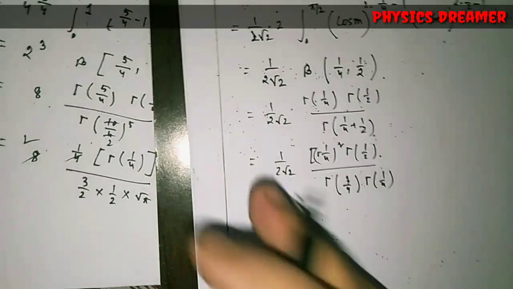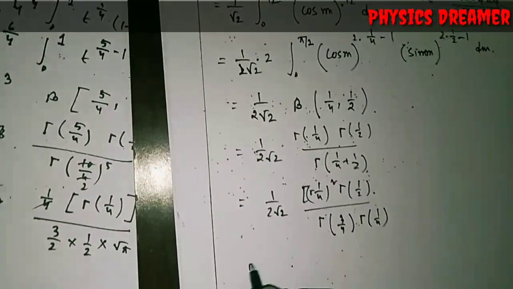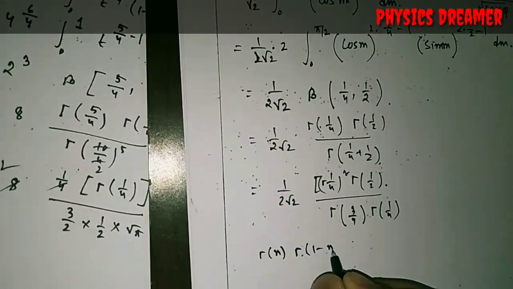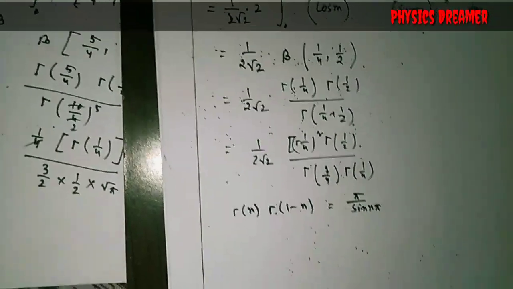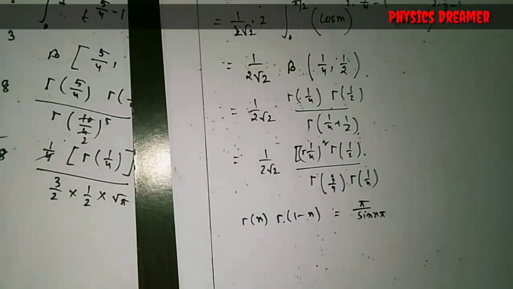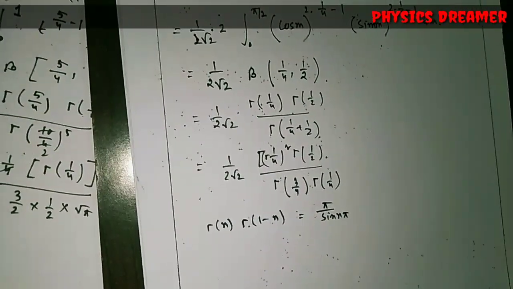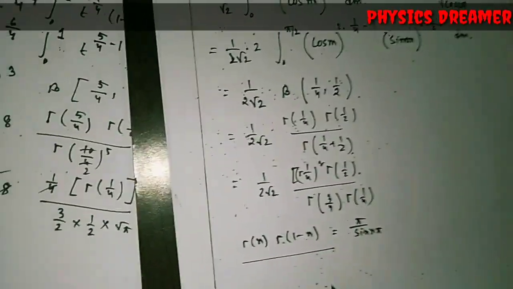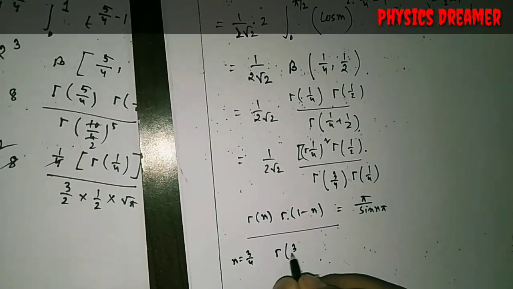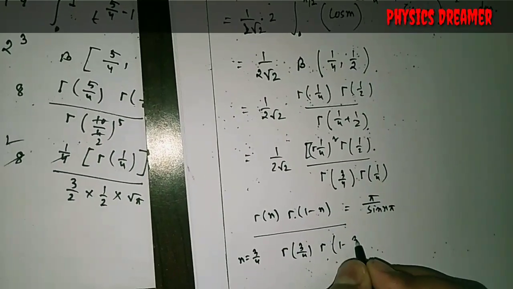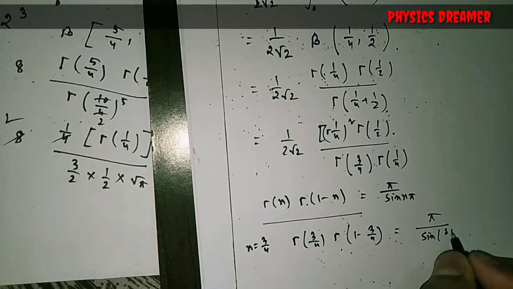Now, from example, the formula gamma of n, gamma of 1 minus n equals pi by sin n pi. I hope you all know that. If you don't know about this formula, you can follow the examples of H.K. Das and you will get this term. Okay, so here I am considering n equal to 3 by 4, so gamma of 3 by 4 into gamma of 1 minus 3 by 4 equals pi by sin of 3 pi by 4.